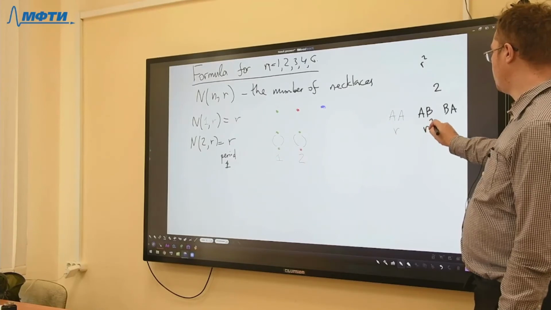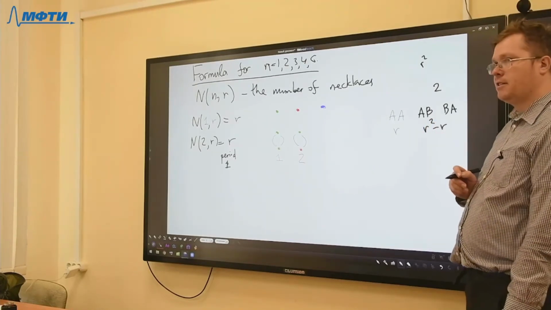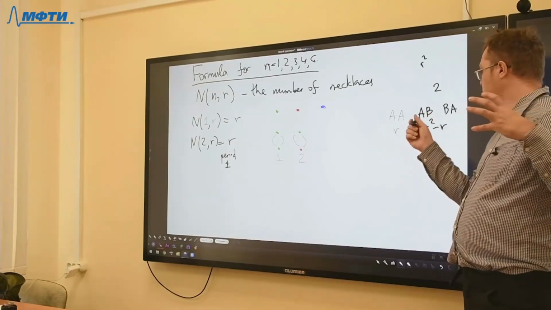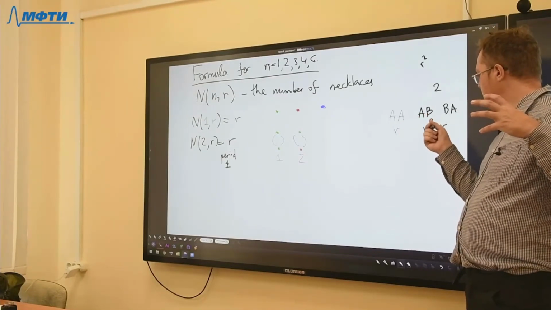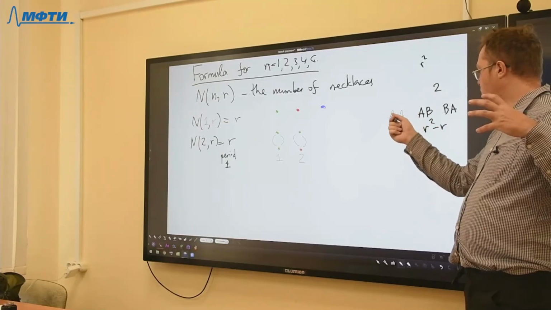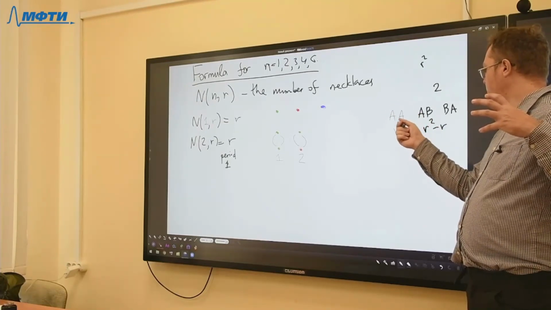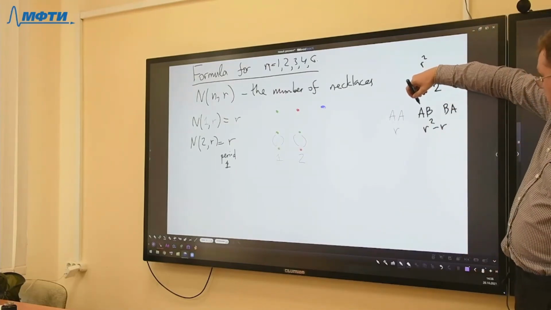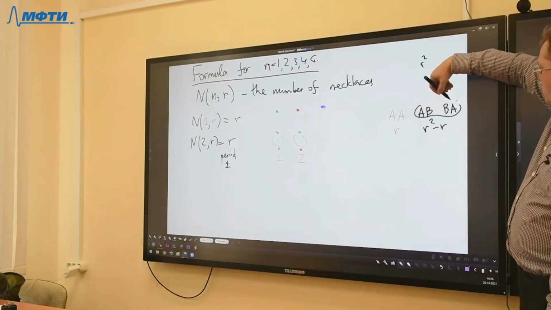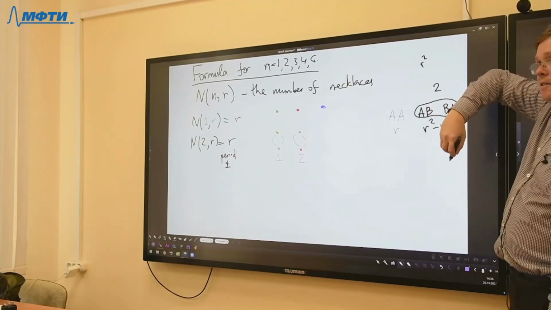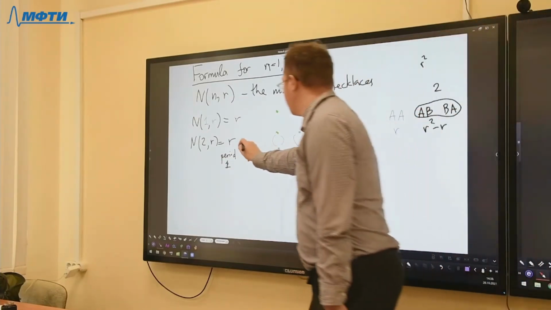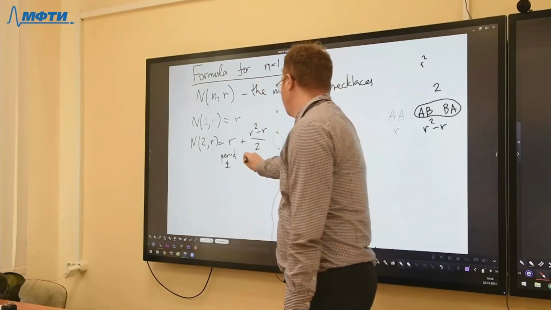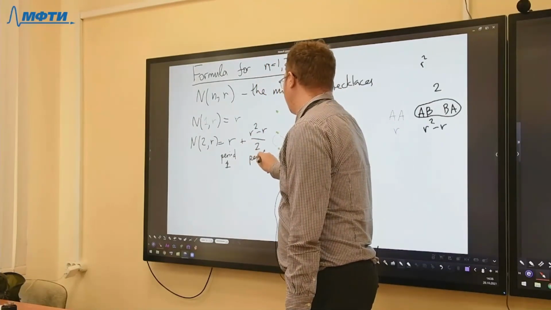So the number of these words will be R squared minus R. Because the total number of words consisting of two letters is R squared, and the number of words with the same letter is R. And for these, from each 2 words we have 1 necklace. So here I should write (R squared minus R) over 2. This is the number of necklaces of period 2.